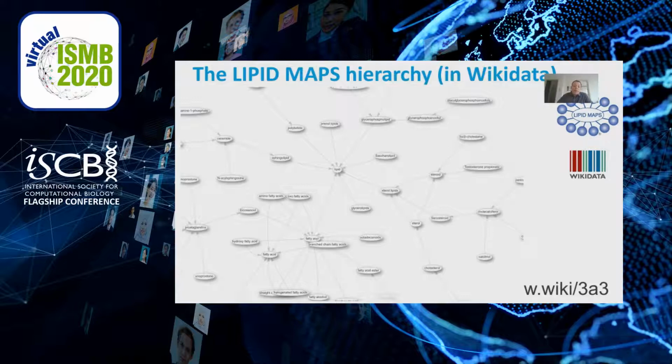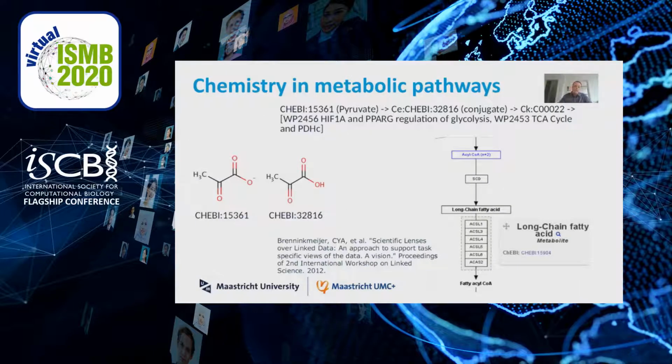We will come back to Wikidata and why this is interesting nevertheless later in the presentation. Importantly here is that Wikidata, for this slide particularly, does not just provide a good number of the lipids in Lipid Maps, but also the classes with this hierarchy, and this is something that we can use.